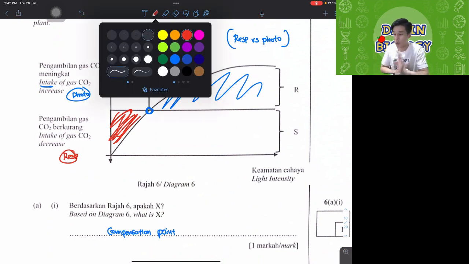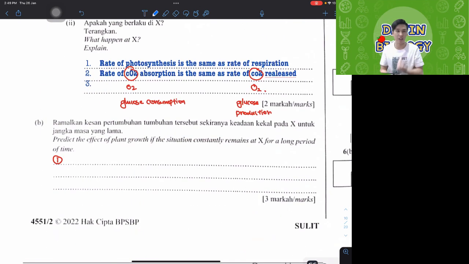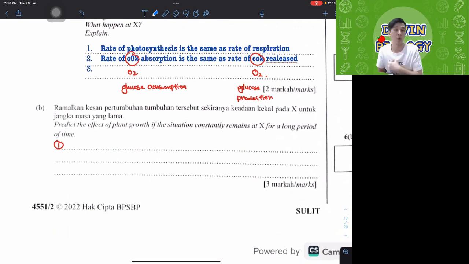Because number one, whatever glucose you produce during photosynthesis is 100% used by your respiration. Let's say I produce 5 glucose during photosynthesis. Respiration uses glucose, so I use back the 5 because they are the same rate. Meaning, you don't have extra glucose for the plant. Remember, in plants, glucose is for growth and development. So this is what they will lack.